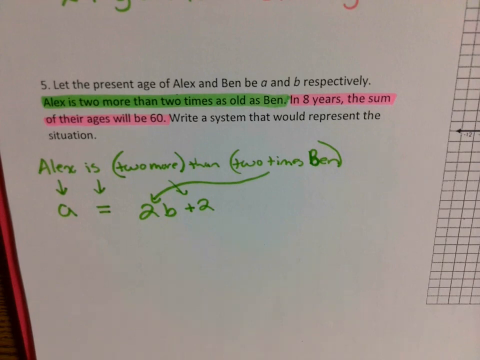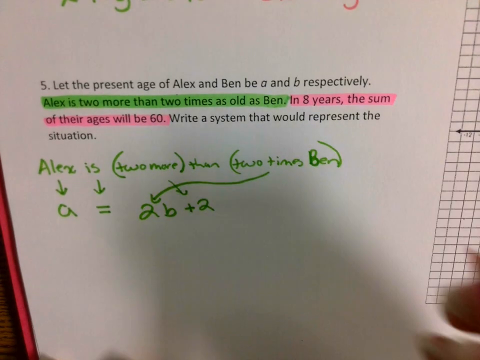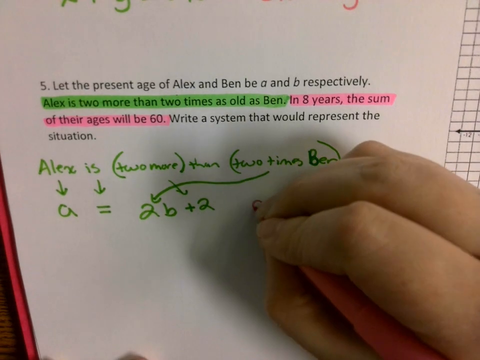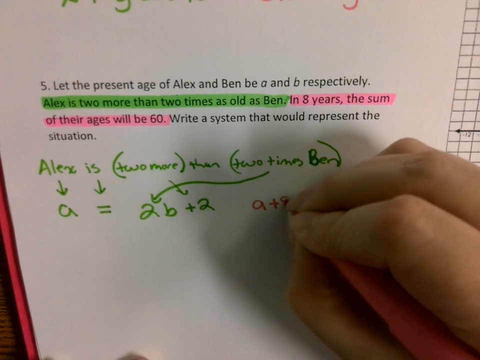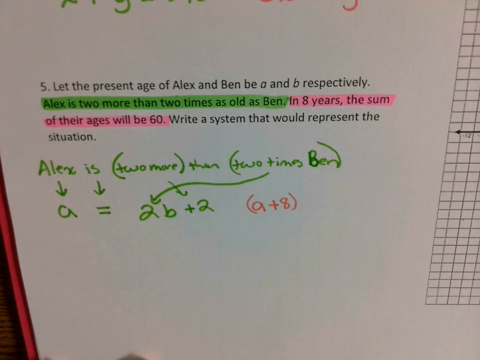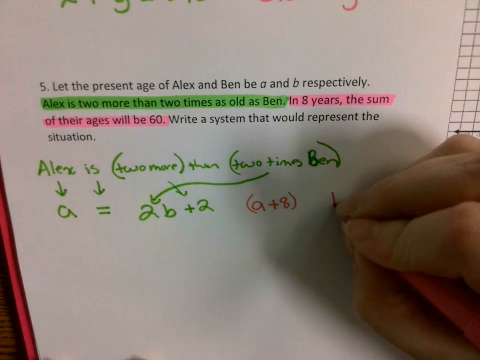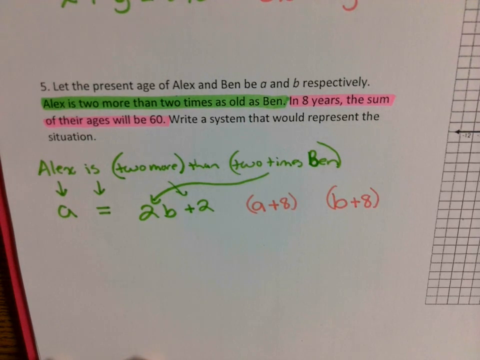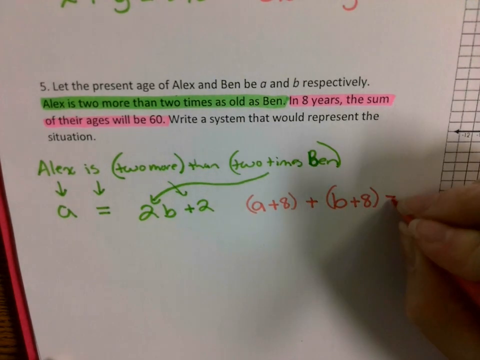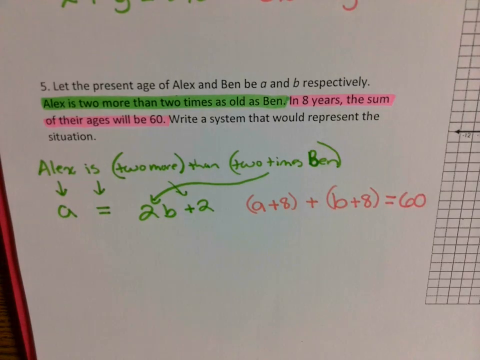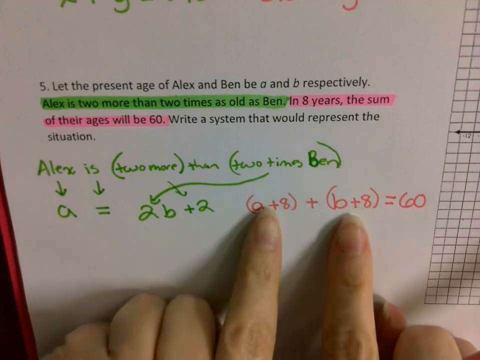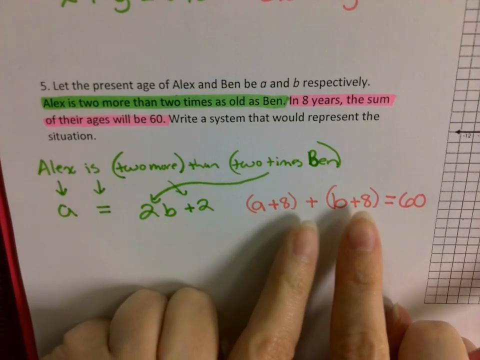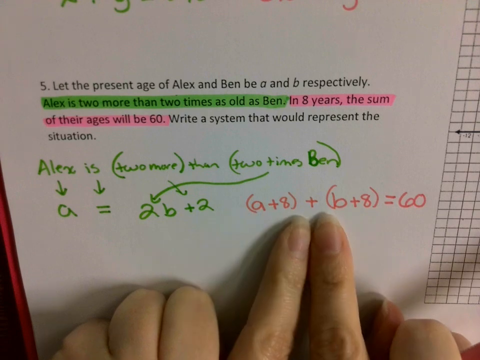So that means if I take Alex's age and add 8 years to it, and I take Ben's age and add 8 years to it, and then I add those together, that's going to be equal to 60. 8 years later means both people have to increase their age by 8. And then you can add their ages together to get 60.